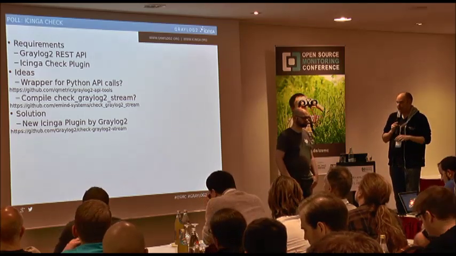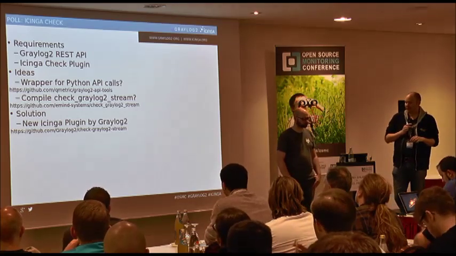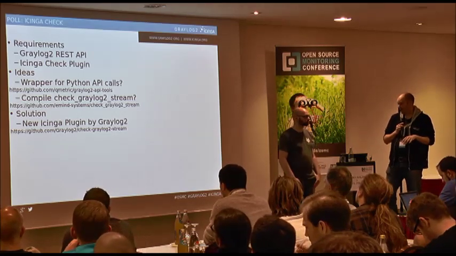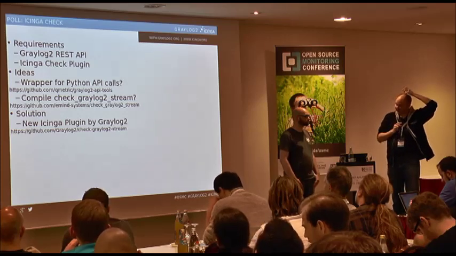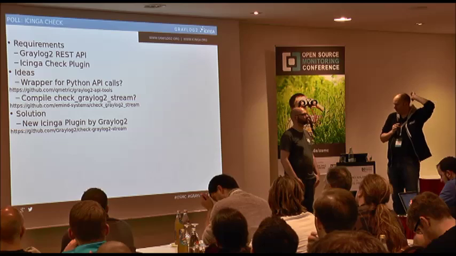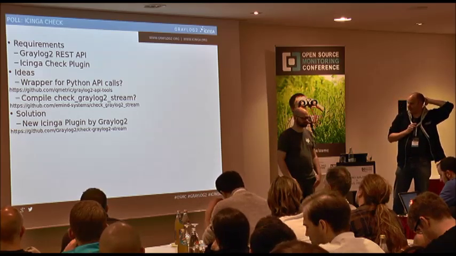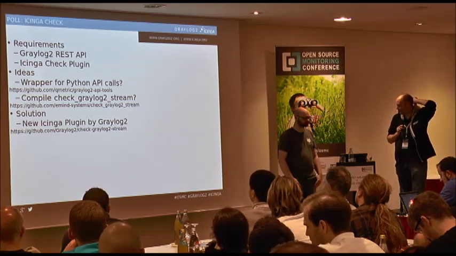There are some plugins around, they work. You can wrap them, you need to compile the check_graylog_stream with the underscores, like in Bash with cJSON, some rather creepy stuff, because you need to get packages, so precompiled binaries for that.